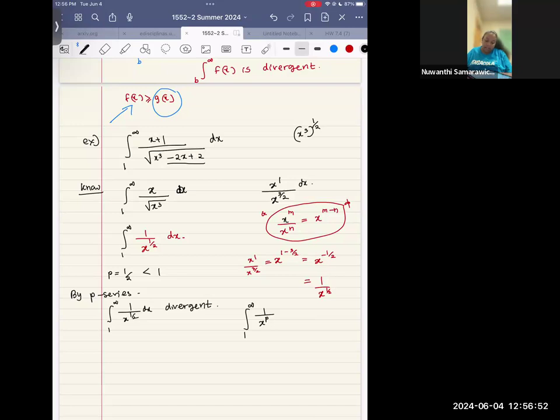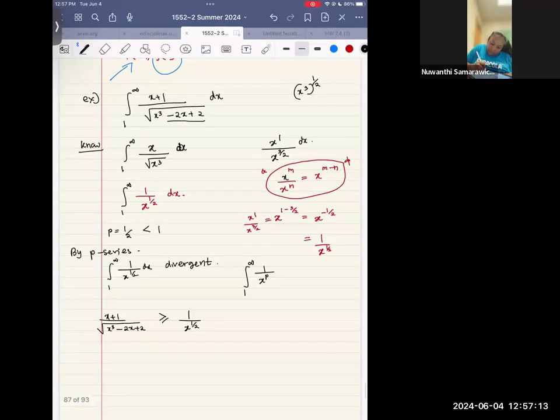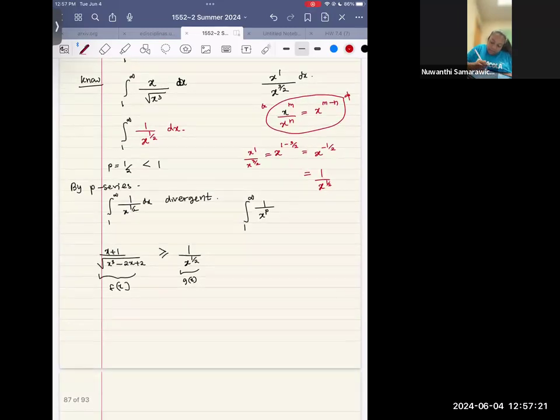If it is divergent, we can say, because this function x cubed minus 2x plus 2 is greater than x to the power half, this is g and this is f of x. We found that the improper integration of g is divergent.